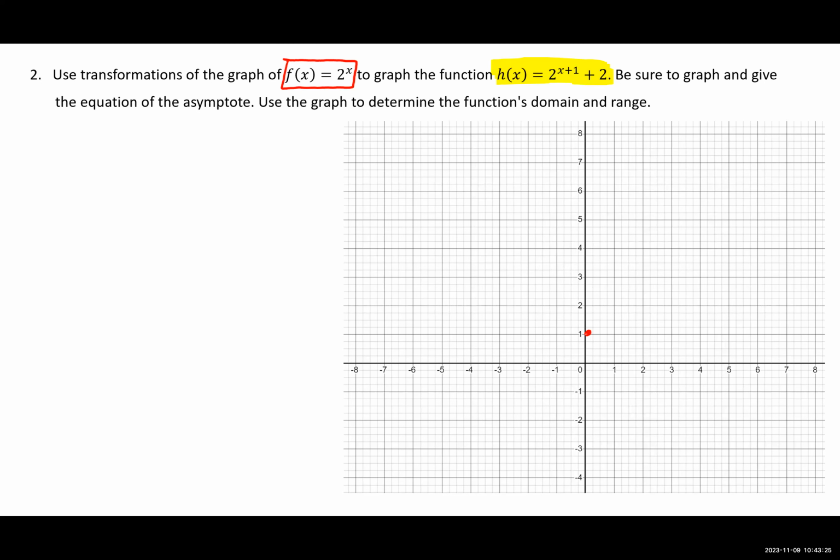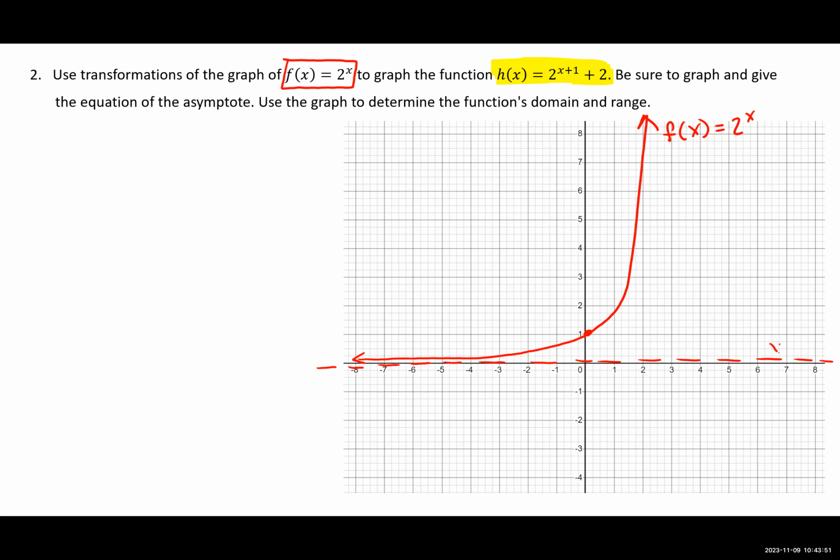So let's start with the graph of 2 to the x. 2 to the power of x has an asymptote at y equals 0.